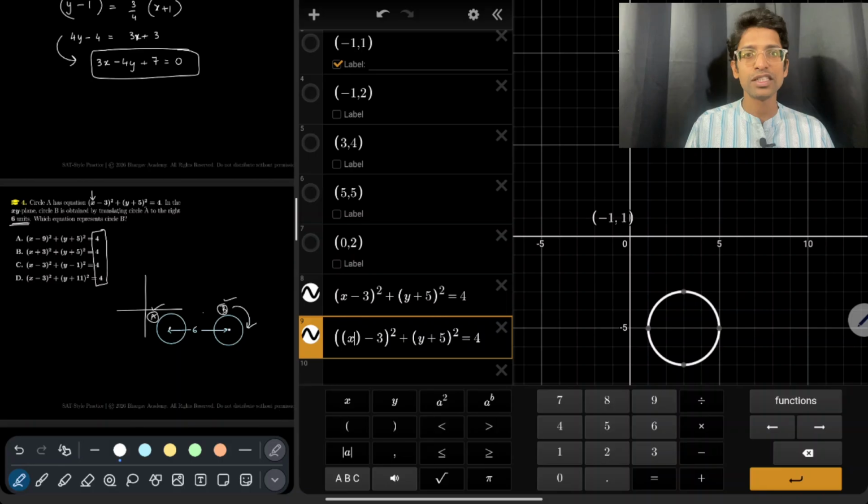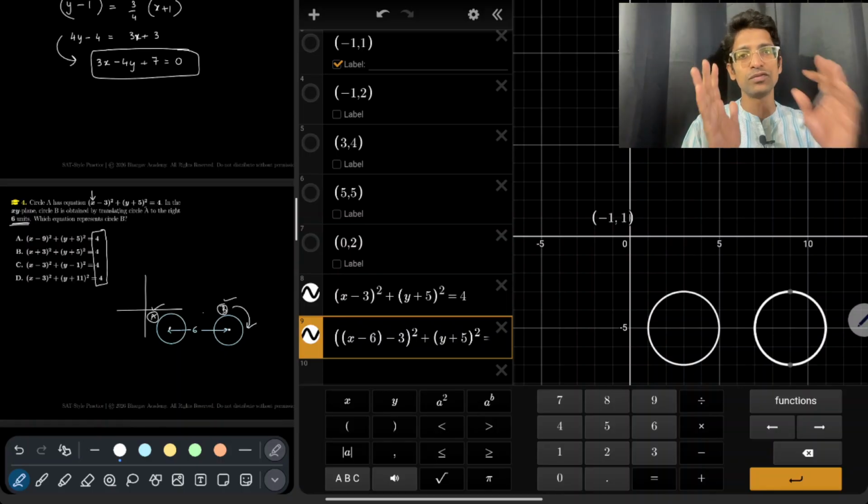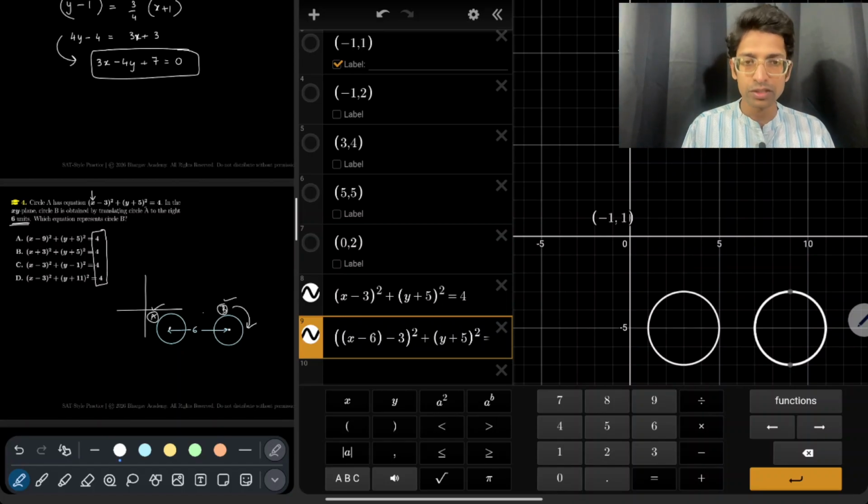If it is shifted to the right, you are going to subtract 6. If the question says it is shifted to the left, you should add that much to the x coordinate. Because it is shifted to the right, you subtract. So remember, if it is shifting to the right, you subtract, by as many units as it is getting shifted.